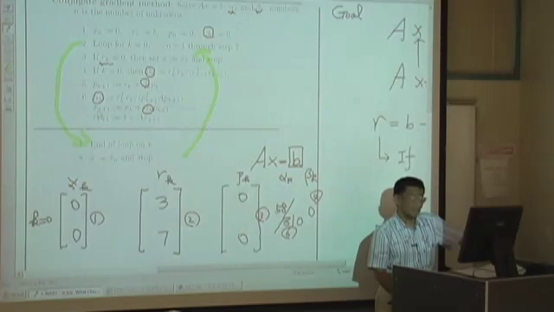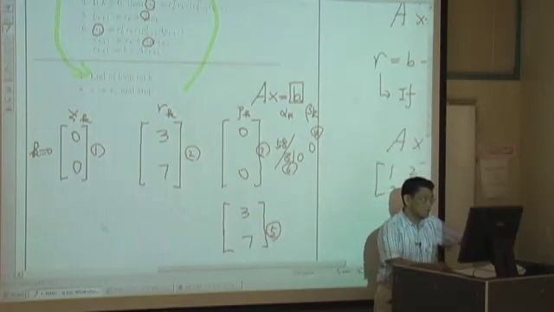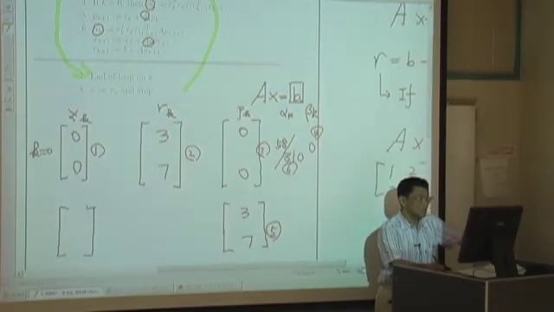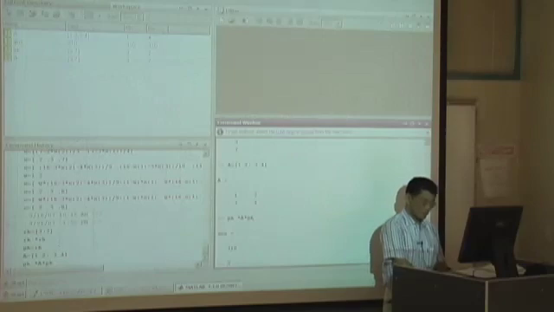Then the next step is K. Still K is 1, so X1 should be calculated, right? We should calculate X1. X1 happened to be this number plus this alpha K times PK plus 1. So it is 58 over 310. I will write it. 58 over 310 multiplied by PK plus 1, right?